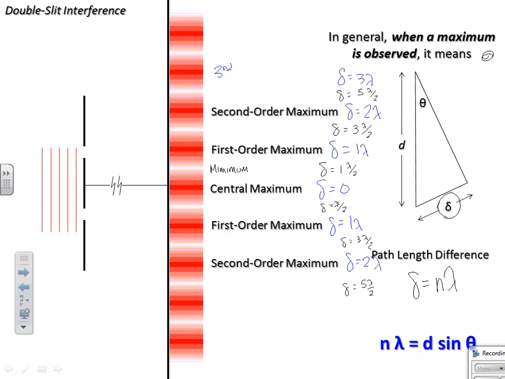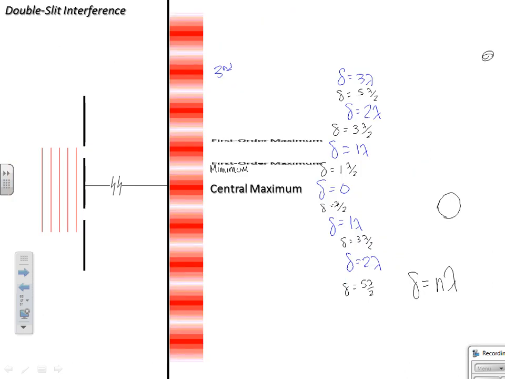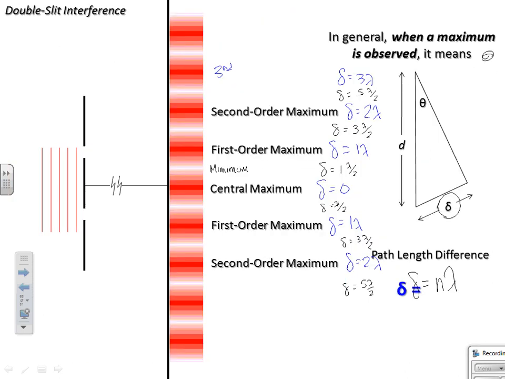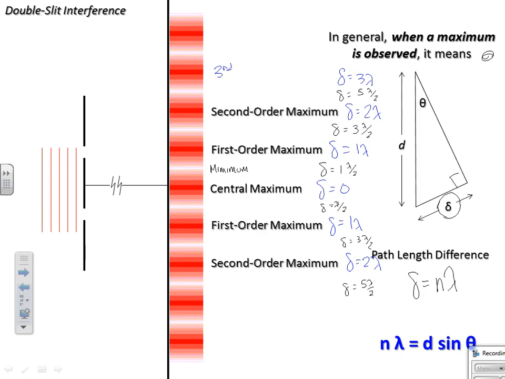And because we put a right angle right there in this triangle, we can relate d and delta and theta like that. That delta is d sine theta.